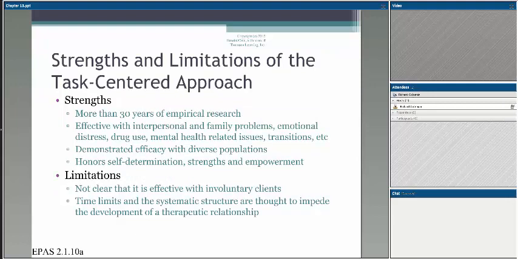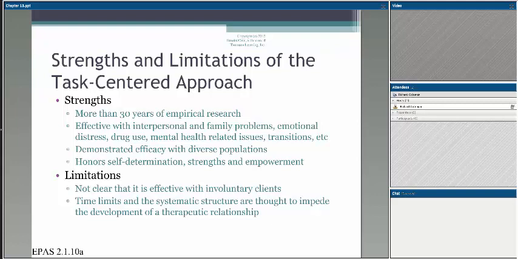So when we think about the strengths and the limitations, we've got tons of research. We see the populations or some of the issues that it's fairly effective with, in terms of family problems, emotional distress, mental health, drug abuse, issues of those particular kinds, transition issues. It also shows some efficacy with diverse populations, so it works in a culturally sensitive way in terms of being able to address the needs of the different families that access those types of services.